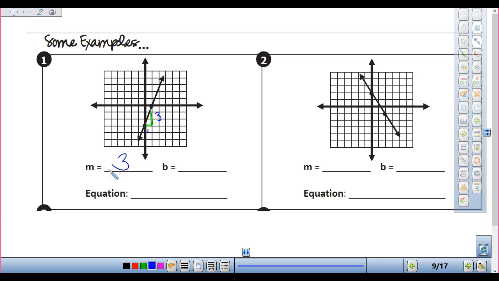Okay, my b is the spot where it crosses the y-axis. In this case, it is negative 3. Okay, so with those two pieces of information, what's my equation? 3x minus 3.